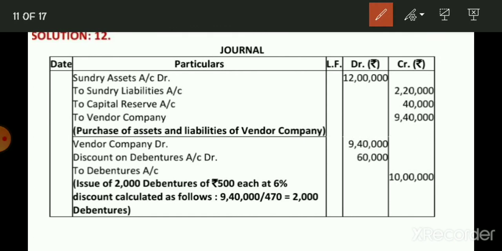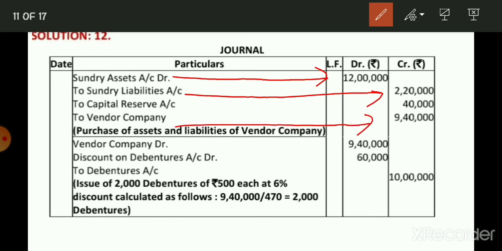In the question it is mentioned that the sundry asset will be 12 lakh, and the sundry liability is 2,20,000, and the vendor company is charging 9,40,000. So the balance will be, from the asset, 2,20,000 and 9,40,000 is added and subtracted, we will get 40,000.